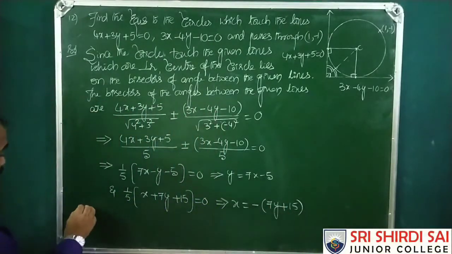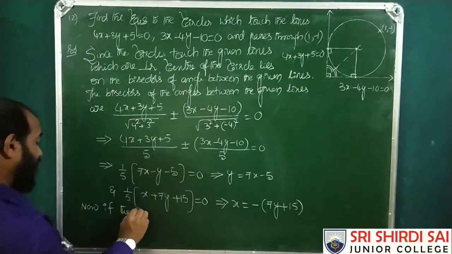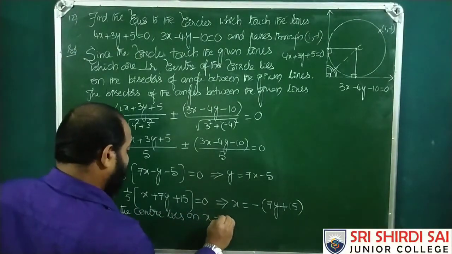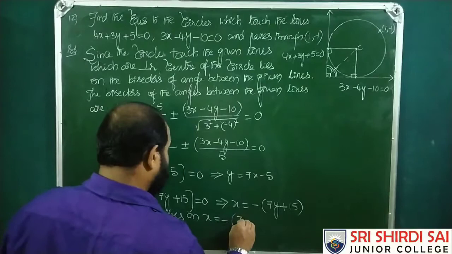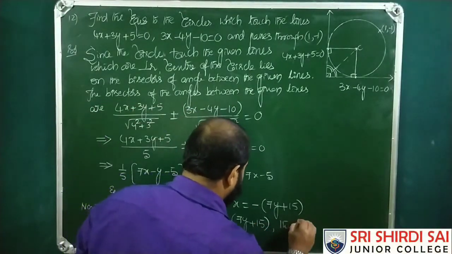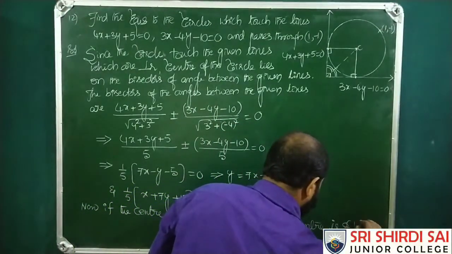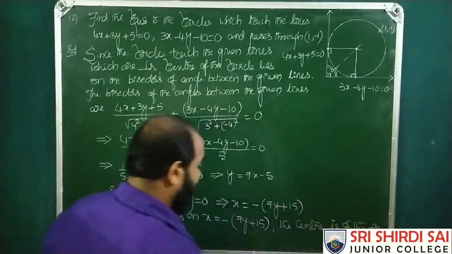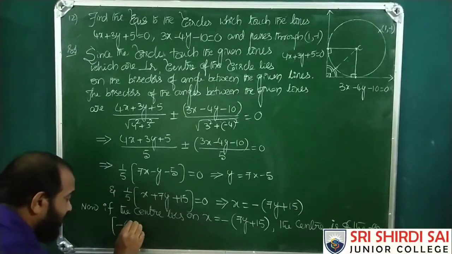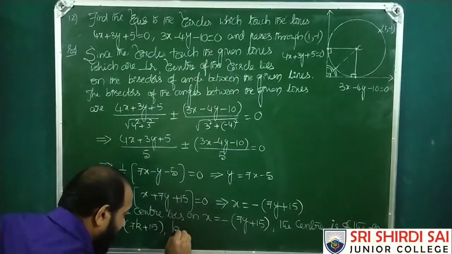So now if the center lies on x is equal to minus of 7y plus 15, the center is of the form minus of 7k plus 15 comma k.